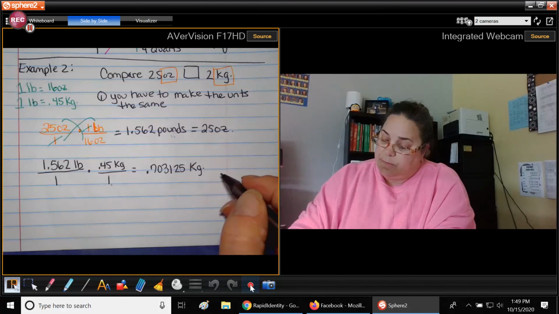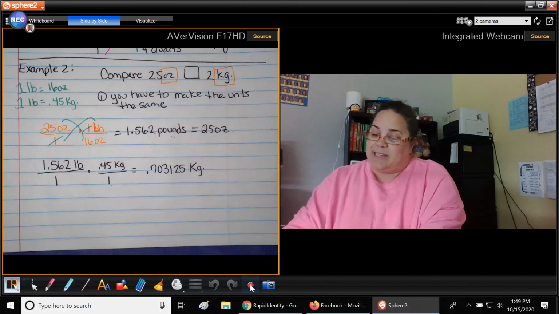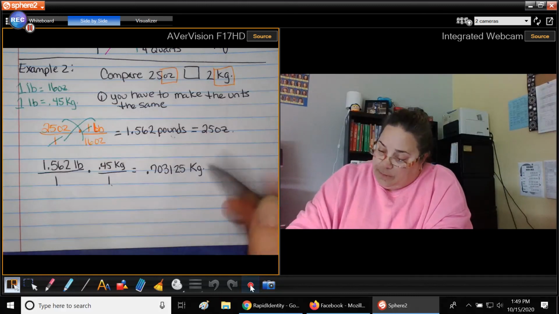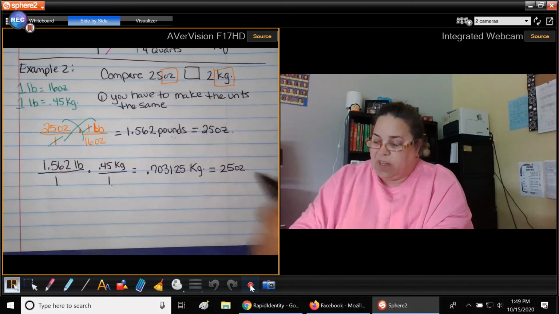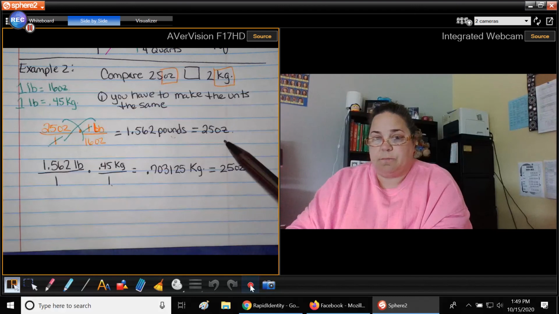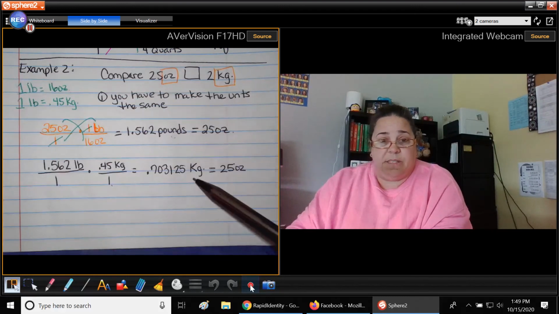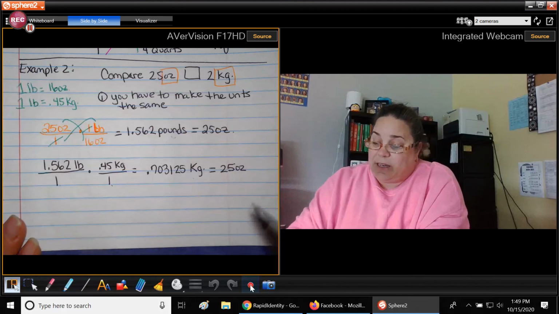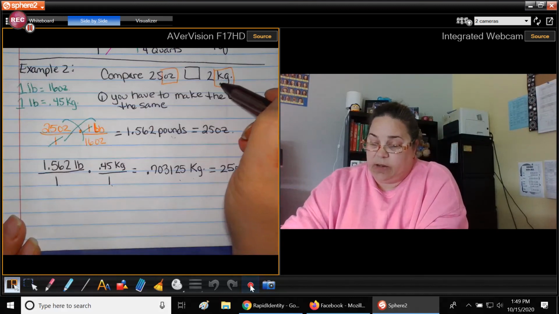And now I need to compare which one is bigger. Okay, so I did all of this so that I could figure out what that 25 ounces would be in kilograms. Okay? Now that I did that, now I can compare this amount of kilograms to this amount of kilograms.